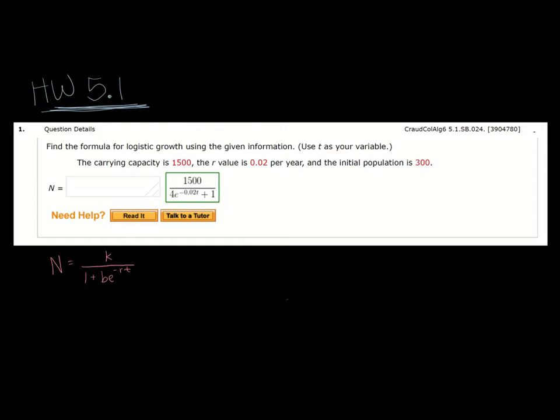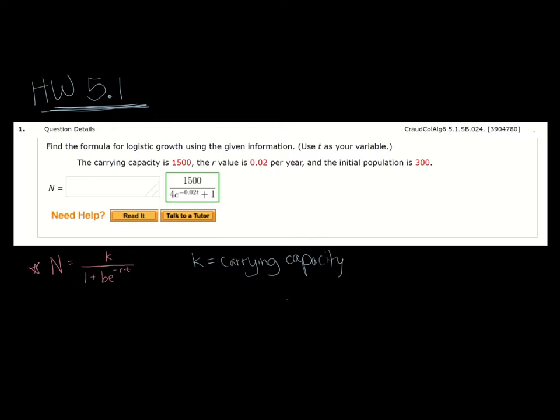I went ahead and wrote the formula here: N equals K over 1 plus B e raised to the power of negative rt. They tell us the carrying capacity is 1500. Well, it just so happens that K is the carrying capacity. It's always that numerator value of K, carrying capacity.